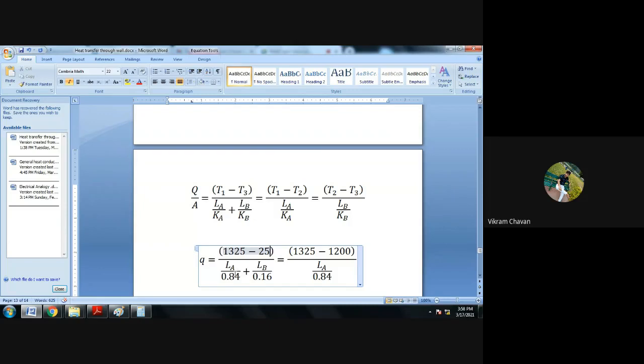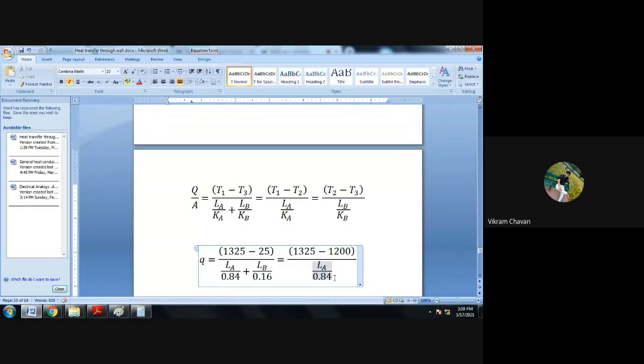L suffix A divided by K suffix A, where K suffix A is the thermal conductivity of the A wall or the fire brick, equal to 0.84, plus L suffix B divided by the thermal conductivity of the B wall or the insulating wall, equal to 0.16, which is equal to T1 minus T2 divided by L suffix A divided by K suffix A. Okay, so we have considered this. So T1 is 1325 minus T2 is 1200, whole divided by L suffix A divided by K suffix A, where K suffix A value is 0.84.